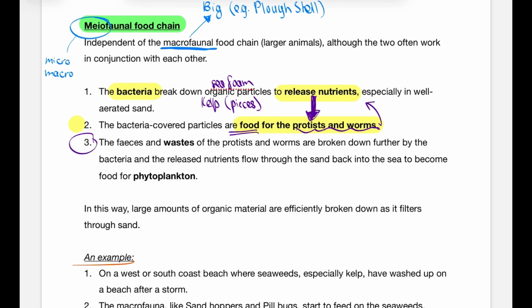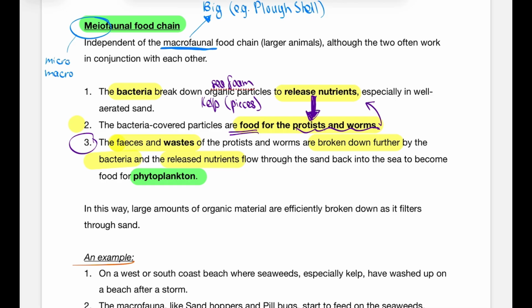And then at step number 3, those protists and worms will release feces and waste. And that feces and waste will be broken down further by more bacteria. And then again, the cycle continues. That bacteria will release nutrients, which will go back into the sand, and then that will become food for phytoplankton.